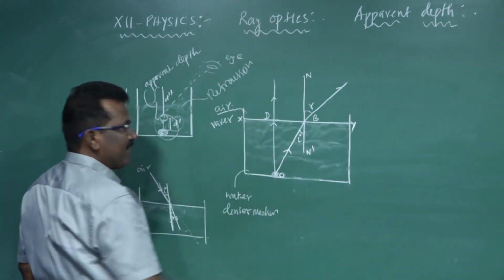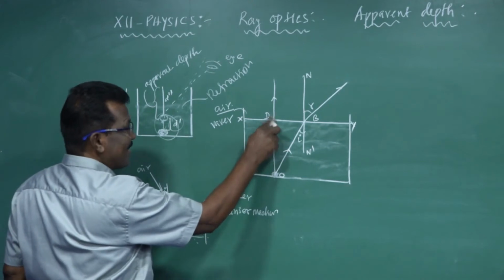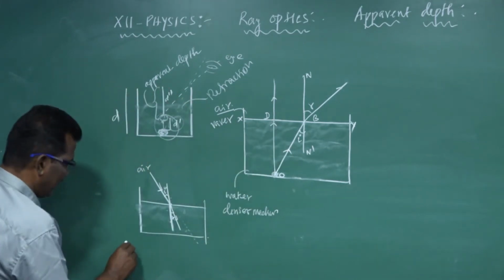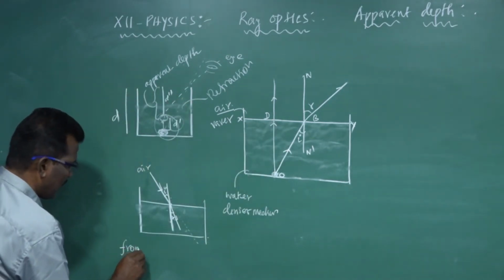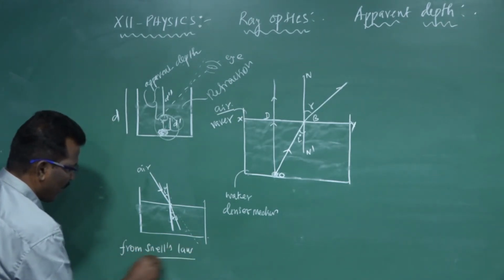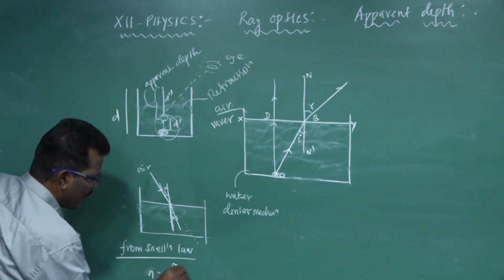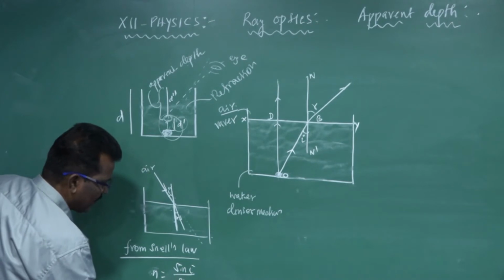Here, what is the angle of incidence? What is the angle of refraction? The angle of incidence is equal to the angle of refraction, because this light does not deviate. From Snell's law, mu or n is equal to sin i by sin r.